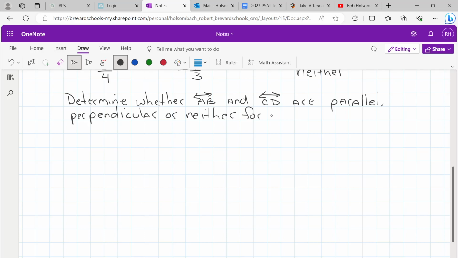For A is at (1, 1). B is at (-1, -5). C is at (3, 2). And D is at (6, 1).